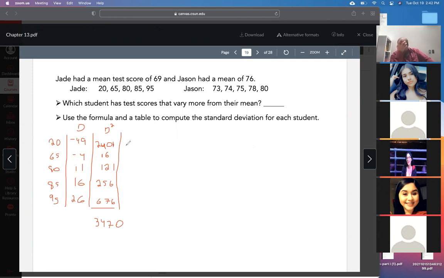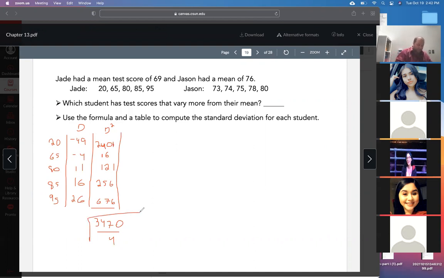All right, so what do I do with 3470? Divide by 4, excellent. Divide by 4, which is 5 data points minus 1. And then what do I do with that number? Square root it.